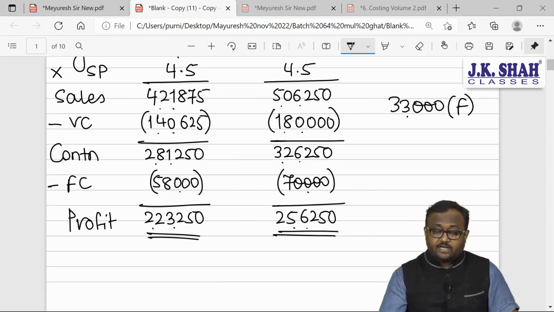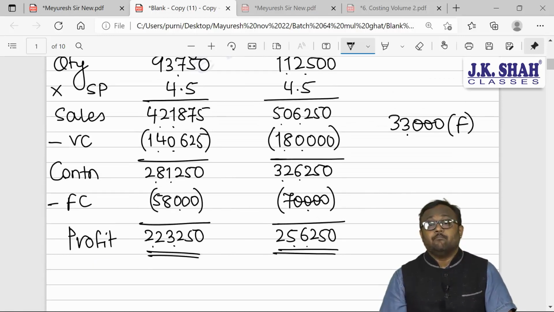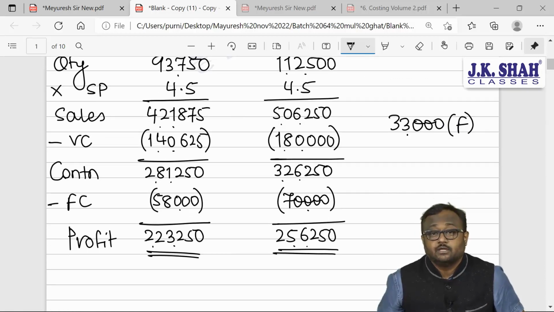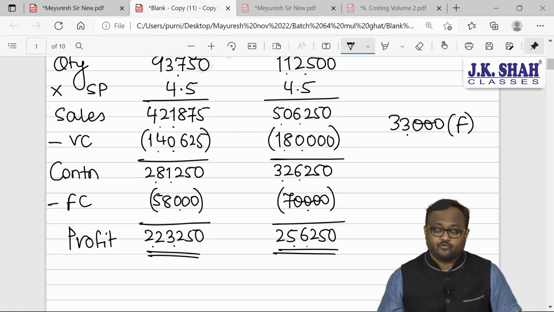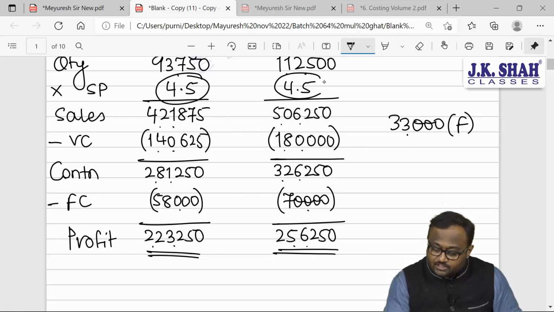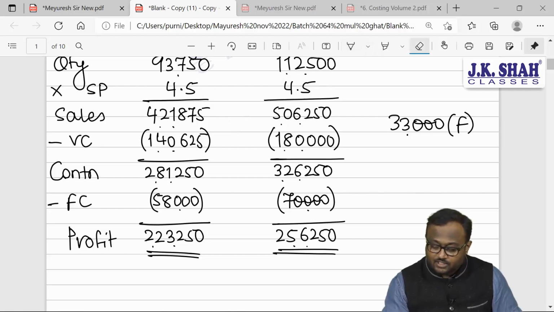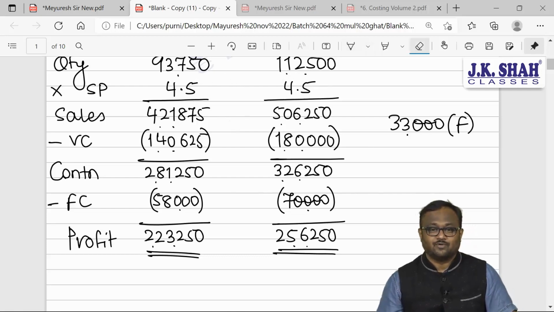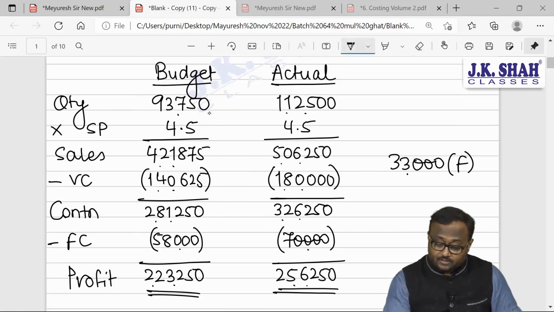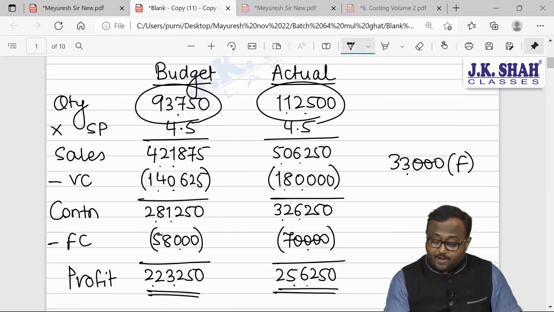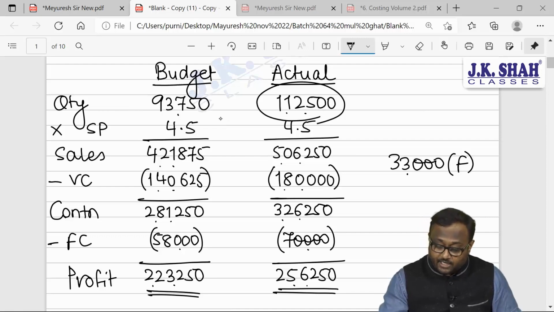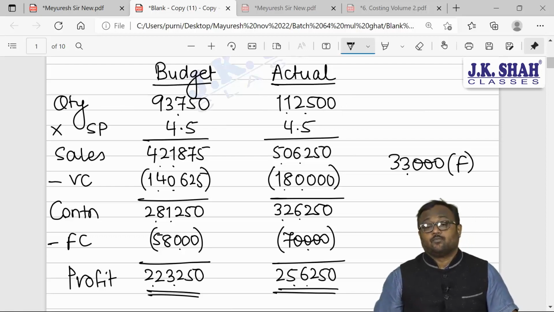Margin price variance is the impact of variation in selling price on profit. But there is no variation in selling price as far as this question is concerned, so there is no margin price variance. But margin volume variance is impact of variation in quantity on profit.